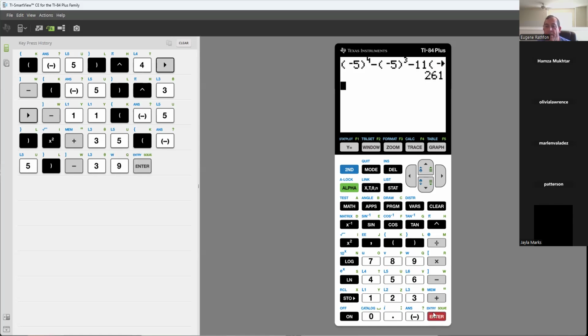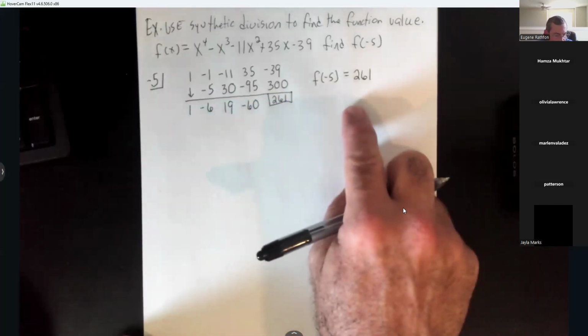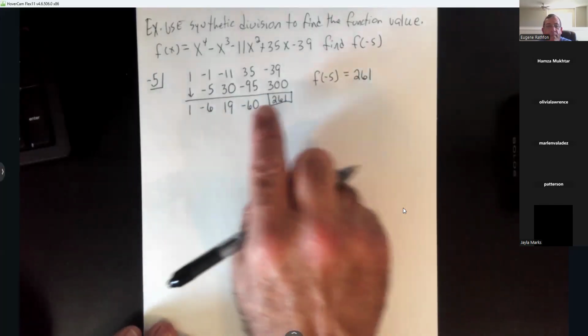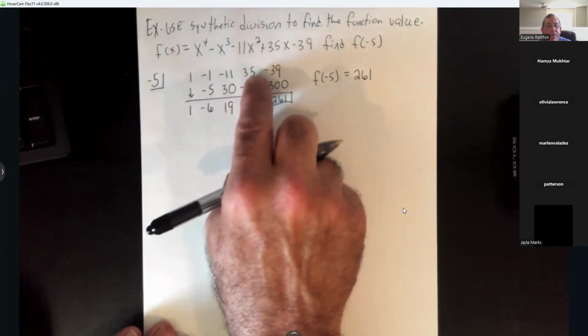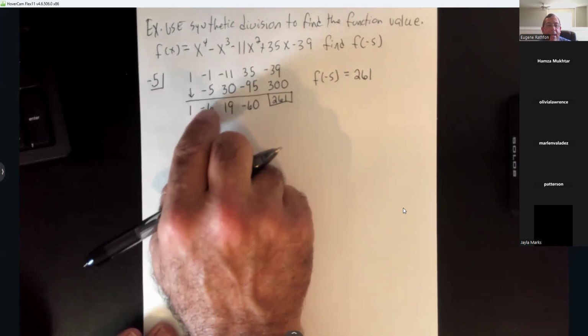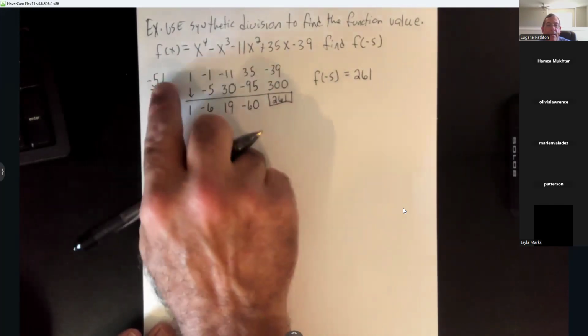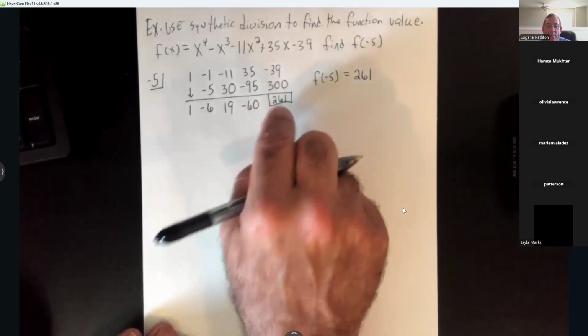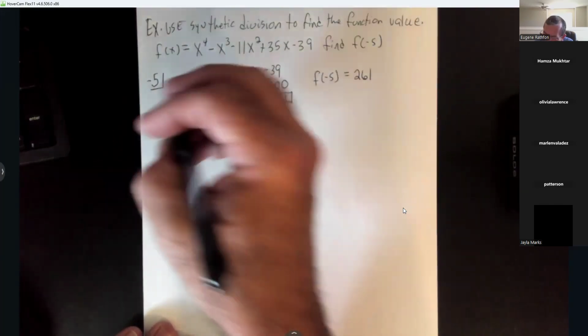So y'all, when I hit enter, I get 261, which is the same thing we just got on our synthetic division. So that's the trick on these, okay? Put your coefficients, bring down your first number, and then you're just multiplying, adding, until you get to that remainder, okay?